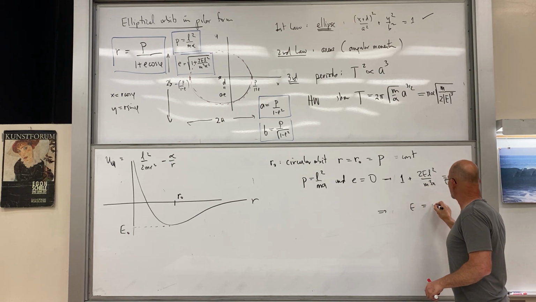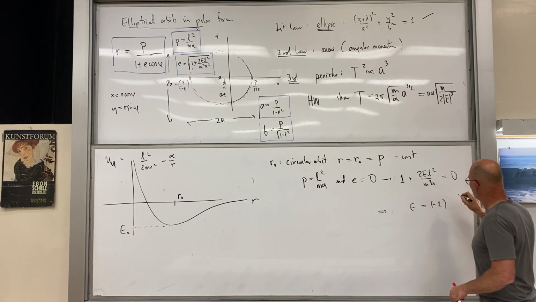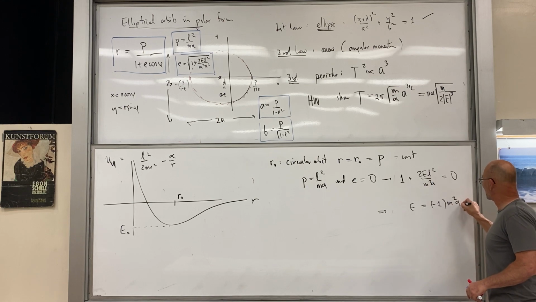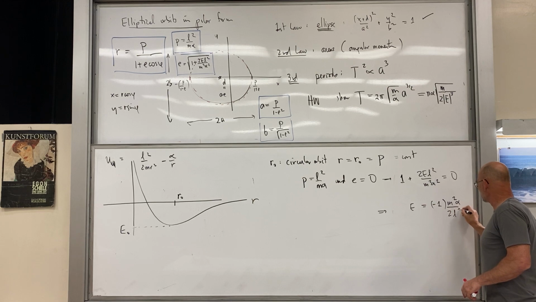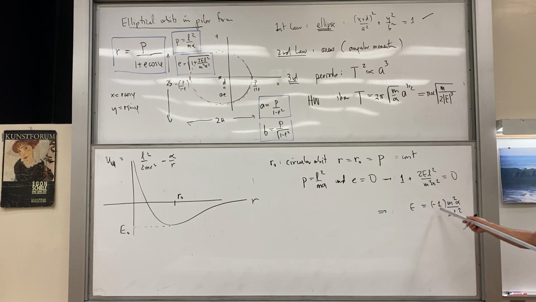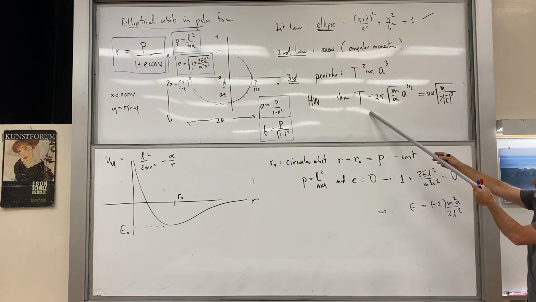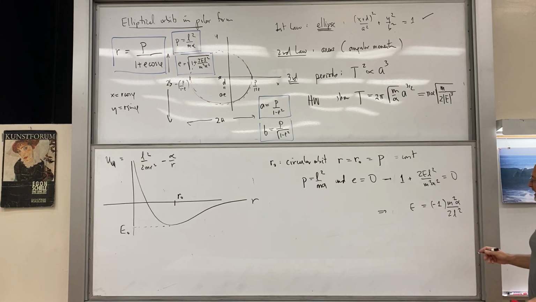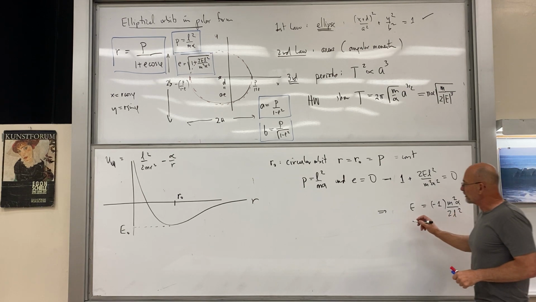So E is equal to minus m squared alpha squared over 2L squared. That's the energy, and I'm stressing that minus sign there. That's why we had the absolute value of the energy cubed for this expression here that you guys are going to find.